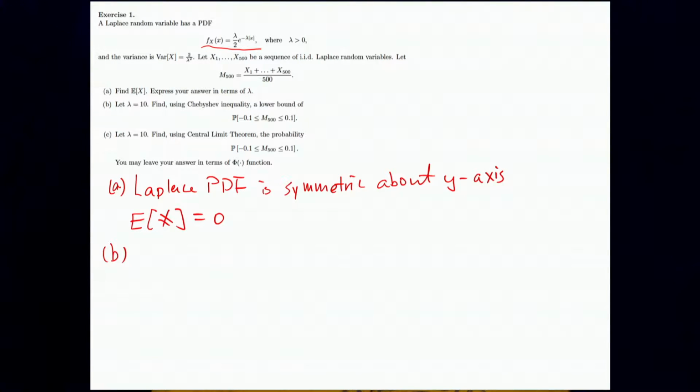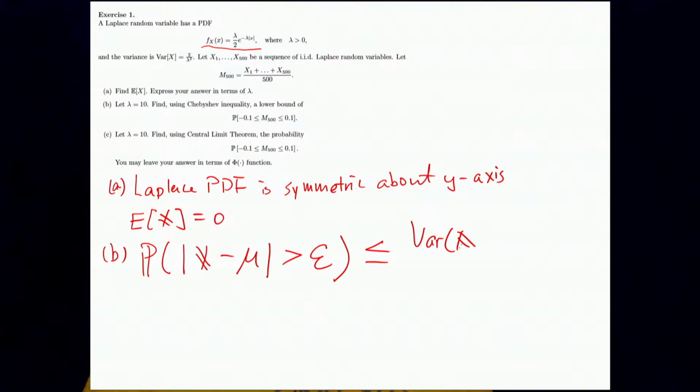Now for part B, if lambda is 10, use the Chebyshev inequality to find the lower bound. What is the Chebyshev inequality? It's the probability of |X minus mu| greater than epsilon is less than or equal to the variance of the random variable divided by epsilon squared.